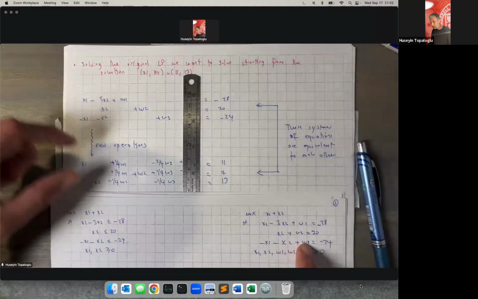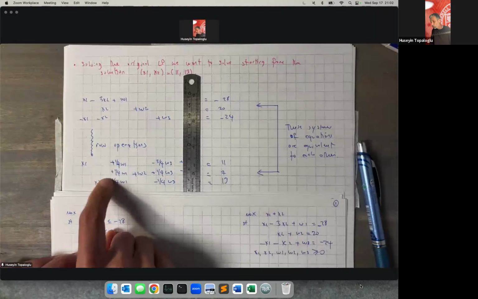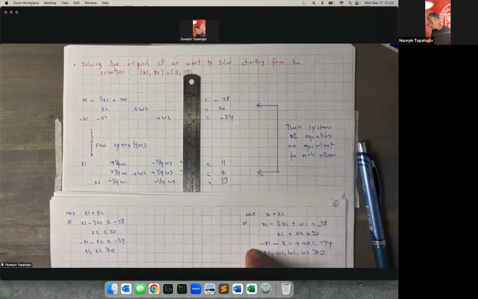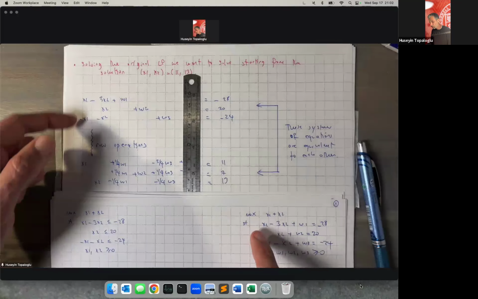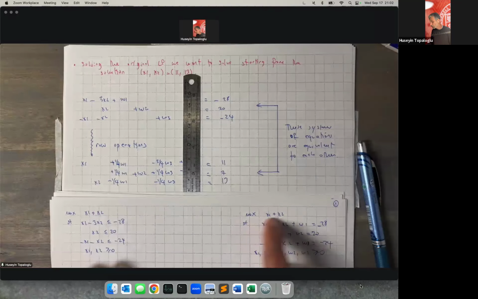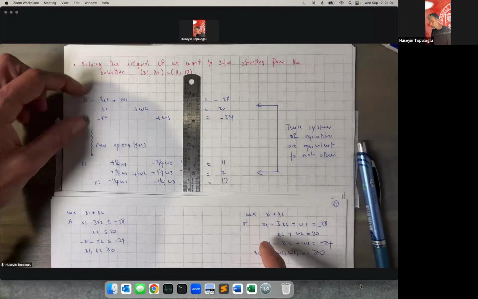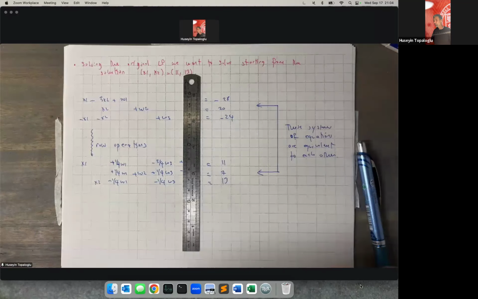But these two systems of linear equations are equivalent to each other, so I might as well use these linear equations as my constraints as well. Okay, so now if I want to solve my original linear program, instead of maximizing the objective function subject to these constraints, I can maximize the same objective function subject to these constraints, because these two systems of equations are perfectly equivalent to each other.